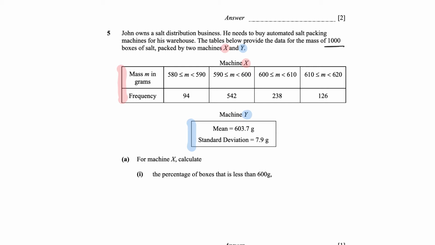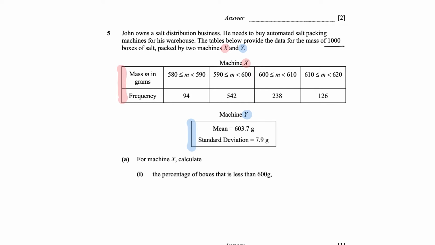Over here is from 590 onwards, greater or equal to 590, and strictly less than 600, and 542 boxes fall into this category, and so on and so forth.